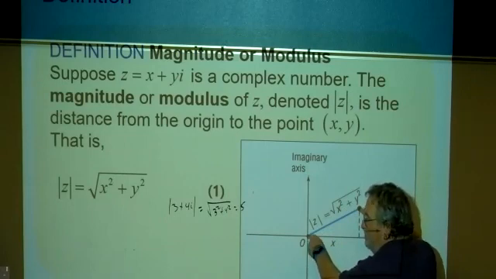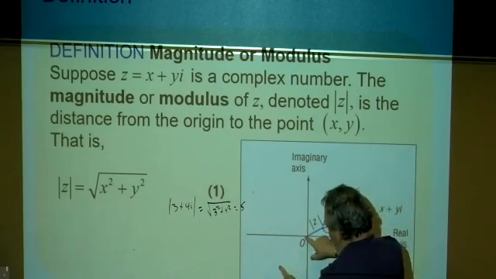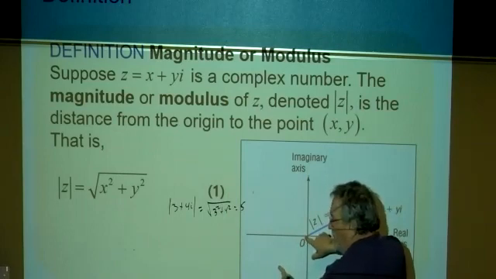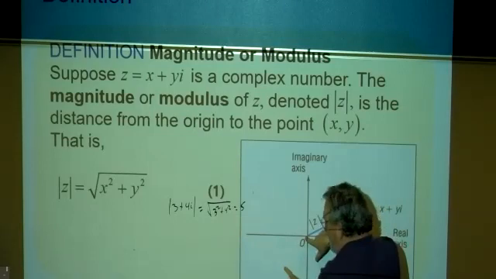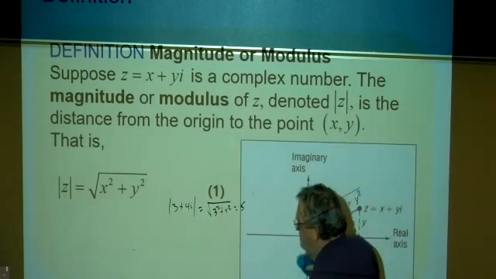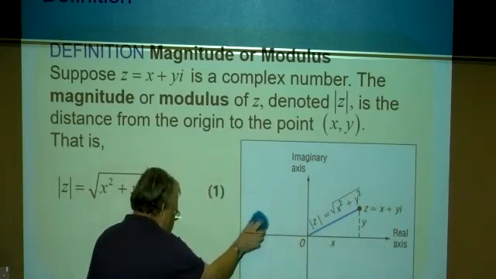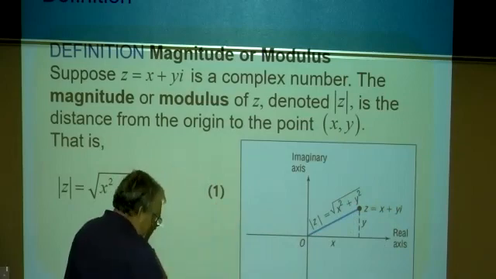And distance is positive, because we're not talking direction here. If I have a point down here, I still want to know how long that line segment is. And so I do the same thing, and you're going to get a positive number because the distance is positive. When we start talking about vectors, then we talk about direction, but here we're not.